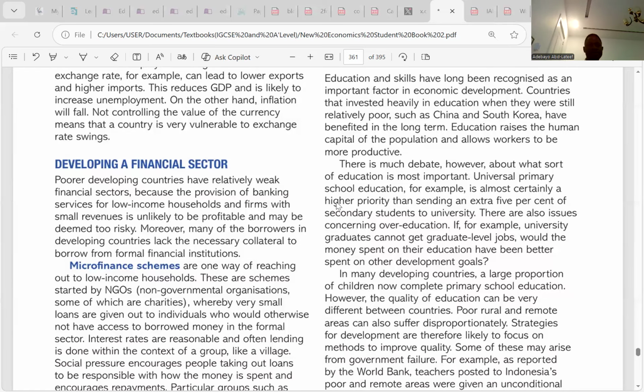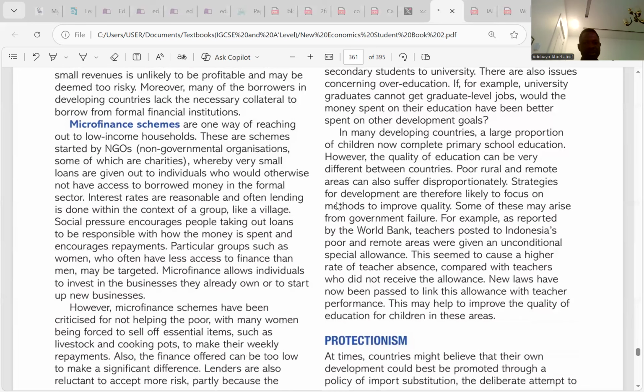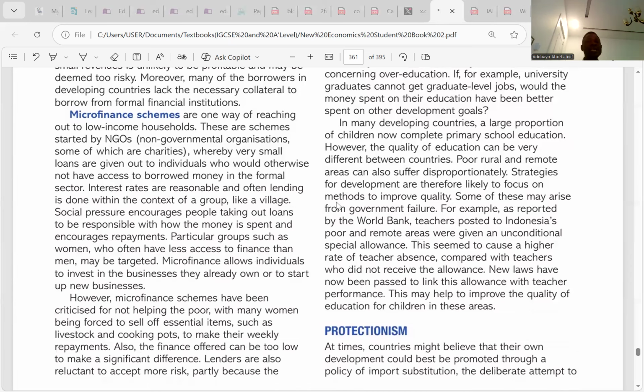They said, microfinance schemes are one way of reaching out to low-income households. These are schemes started by NGOs, whereby very small loans are given out to individuals who would otherwise not have access to borrowed money in the formal sector. Interest rates are reasonable, and often lending is done within the context of a group like a village.